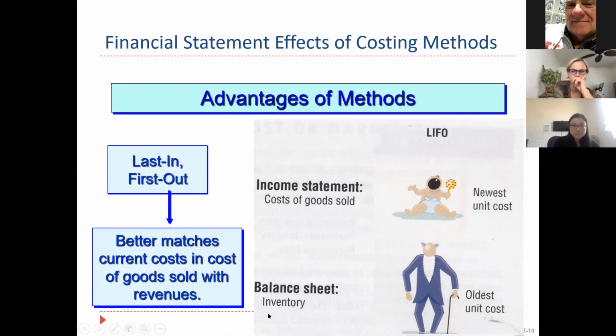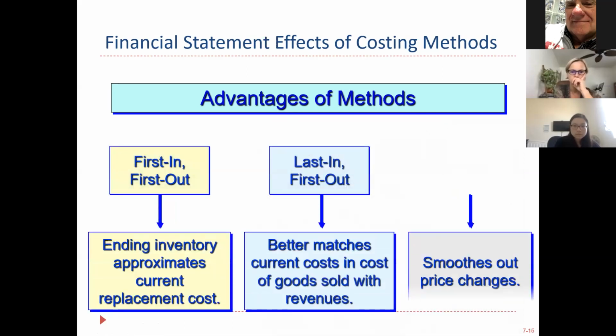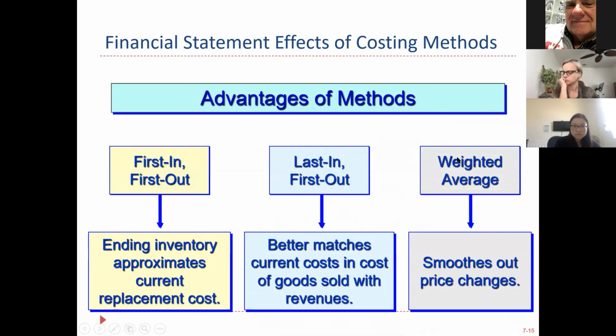It matches current costs with the revenues, but I'm not sure that's good or bad. It depends on your tax aversion. They're calling these advantages. Ending inventory approximates current. This one matches old stuff. And the average cost, which I don't see there, kind of smooths things, huh?